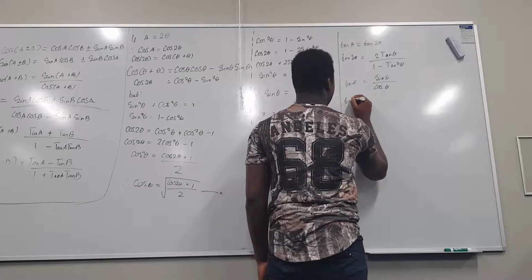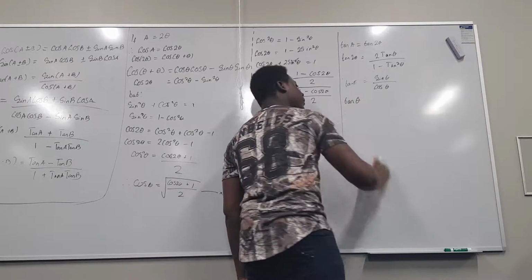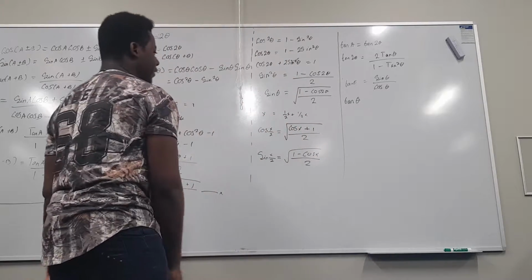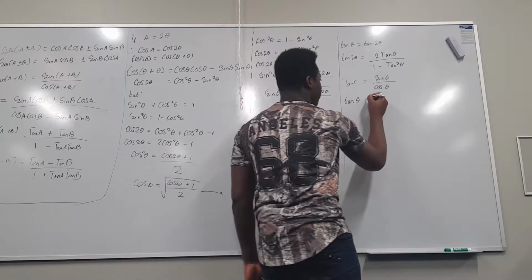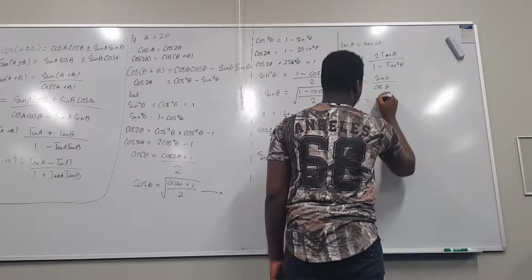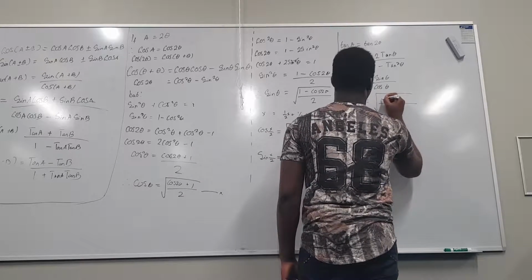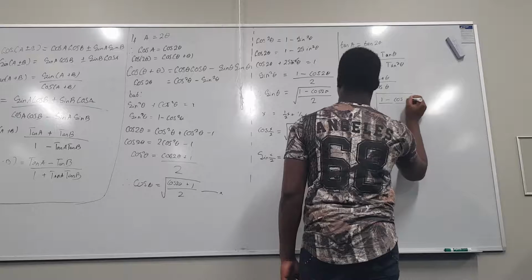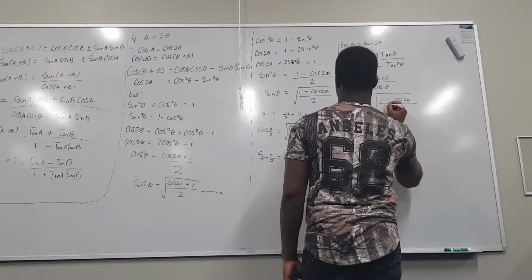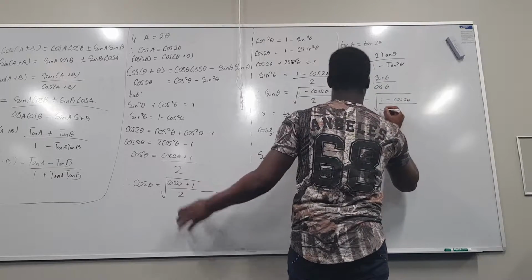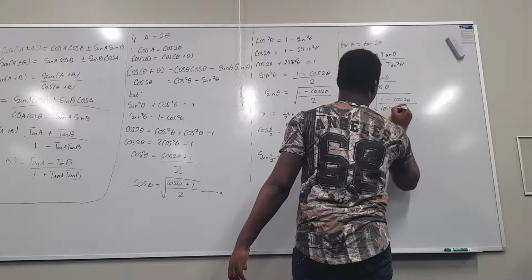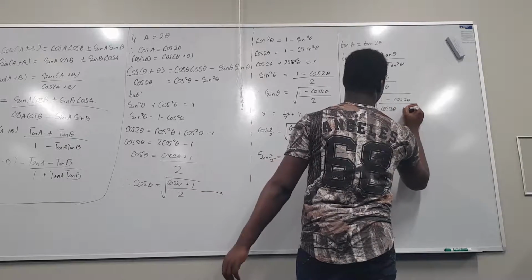So tan of a half angle is equal to the square root of 1 minus cosine 2 theta divided by cos 2 theta plus 1.